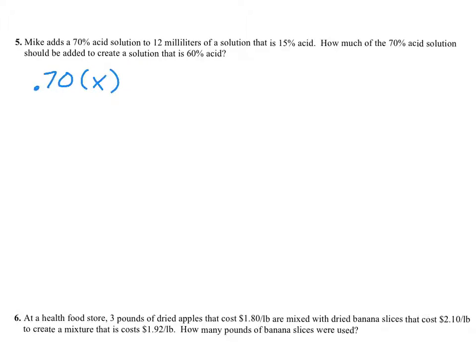And he's mixing that with a 15% solution. And we know that there is 12 milliliters of that. Mixing these together makes a solution that is 60%. And then we have to multiply by the amount.